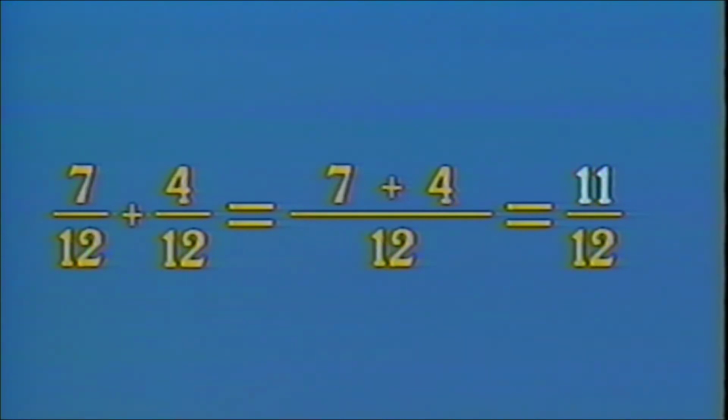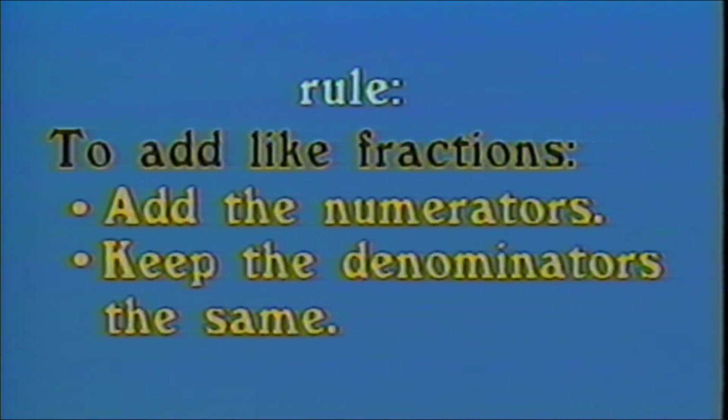That's 11/12 of the carton. That's right. 7/12 plus 4/12 is equal to 11/12. I've got it now. To add like fractions, add the numerators and keep the denominator the same.